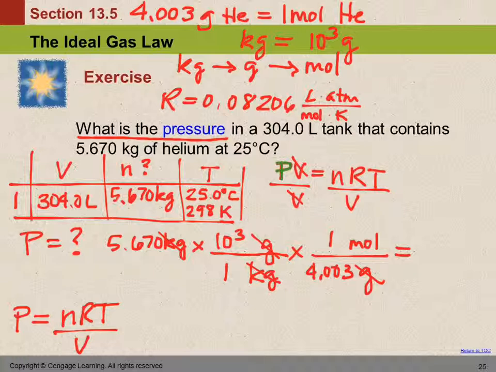So we do the math, we get 5.67 times 1 times 10 to the third divided by 4.003. That number should have 4 significant figures. 1416. I'm going to just throw in an extra one, and the units on that will be moles.